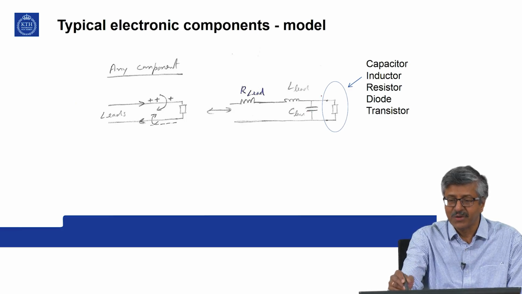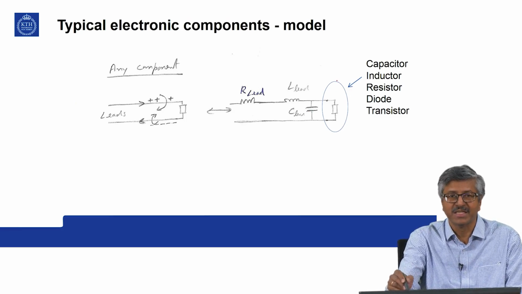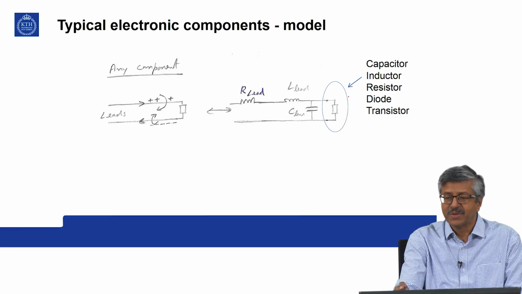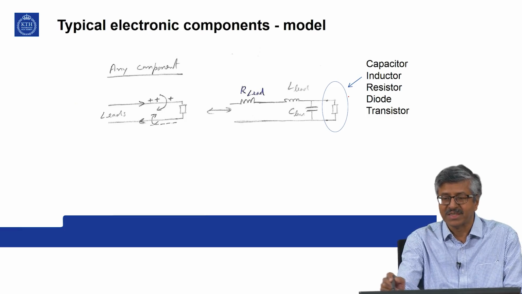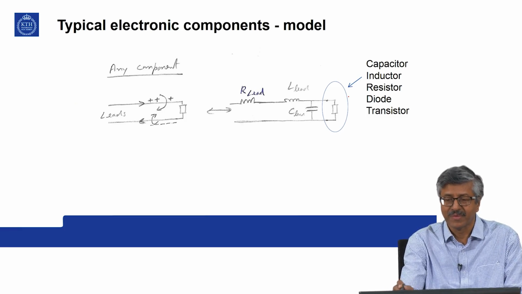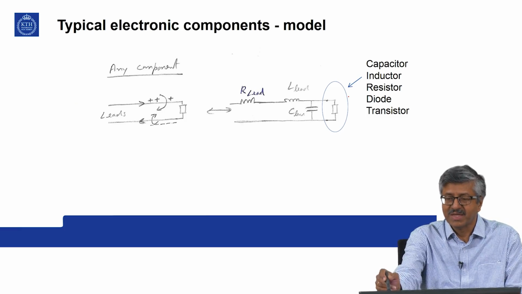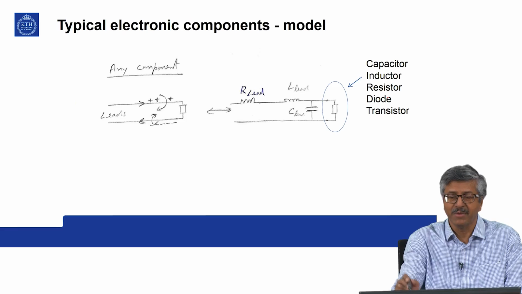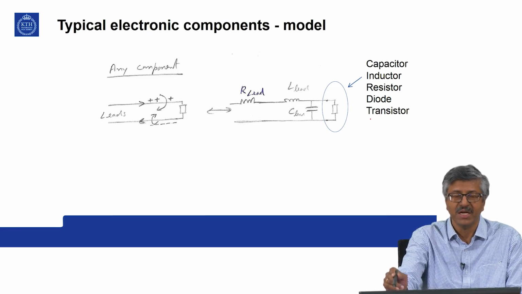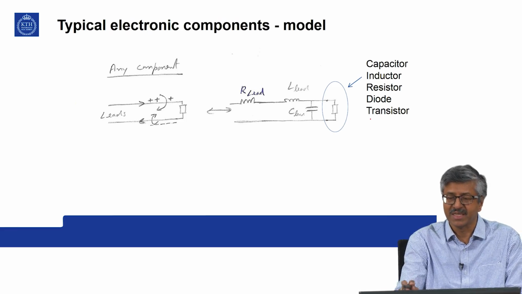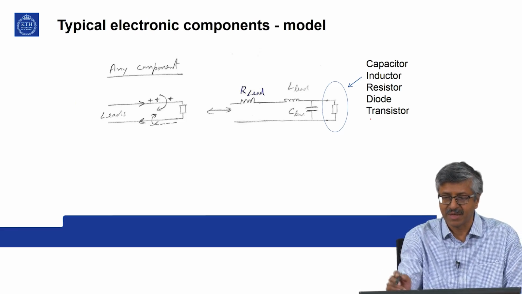Then after that you have your real idealized component. It can be a capacitor, an inductor, a resistor, a diode or a transistor, it can be anything. Here we will consider the first three: capacitor, inductor and resistor. Then you may have some more parasitic elements depending upon the type of construction used in creating these components.